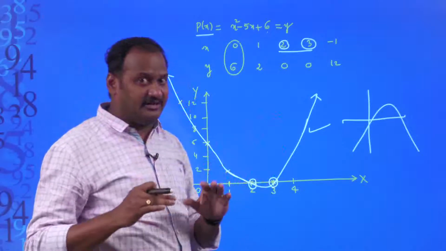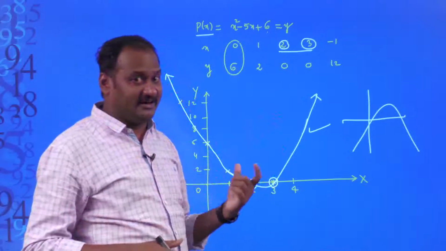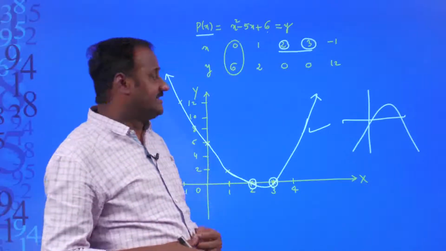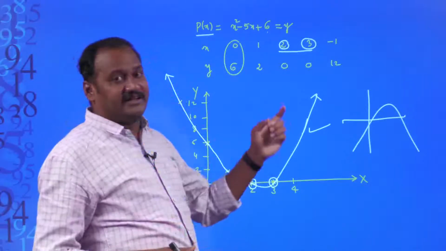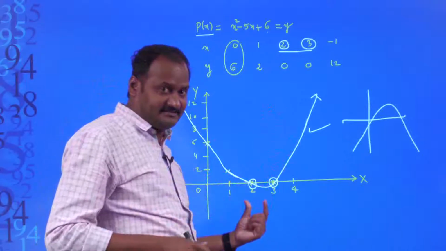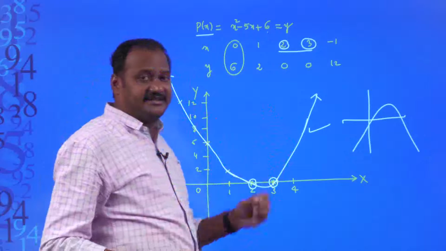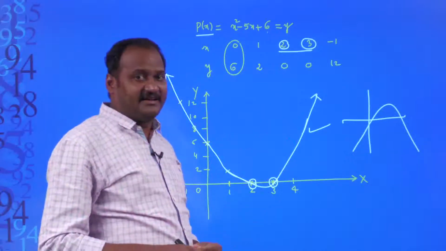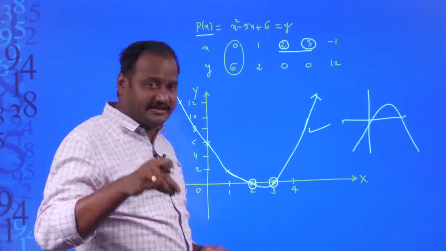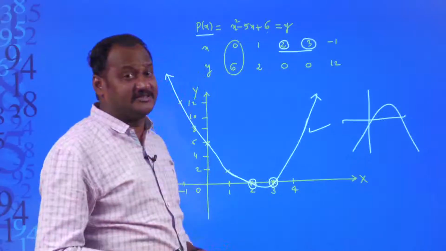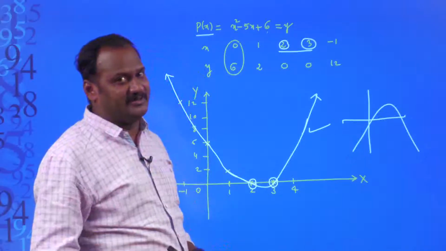They are not only two distinct points, they are also called as zeros of the polynomial. Yes. So, where the curve intersects x axis, precisely x axis, not y axis. Where the curve intersects x axis, then that particular point on x axis, the value of x on x axis is said to be zero of the polynomial.